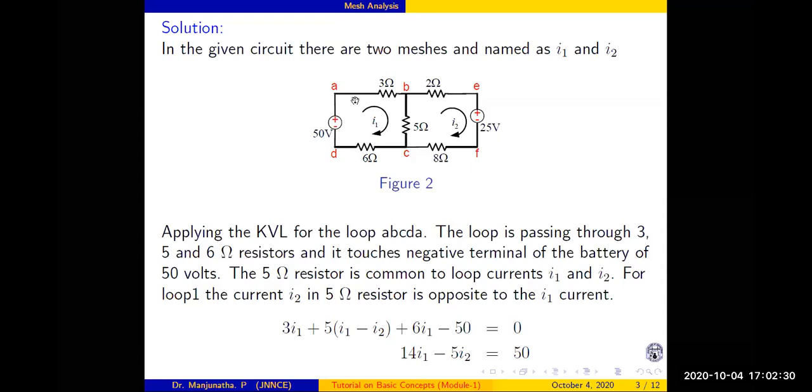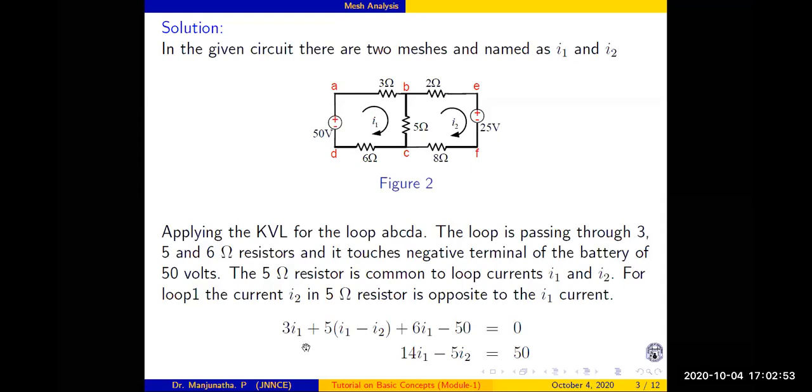We can also write it a different way, taking all drops as negative: minus 3I1 minus 5(I1 minus I2) minus 6I1, and leaving from the positive terminal of the supply, this becomes 50.